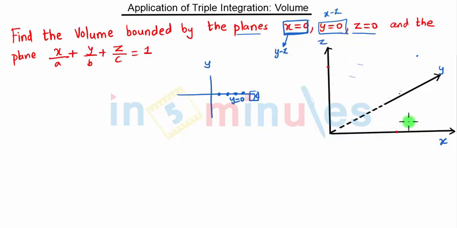Whatever points we have will be on the xz plane, that is y equal to 0. z equal to 0 plane is the xy plane. The xy plane is this bottom part. So this is our xy plane.